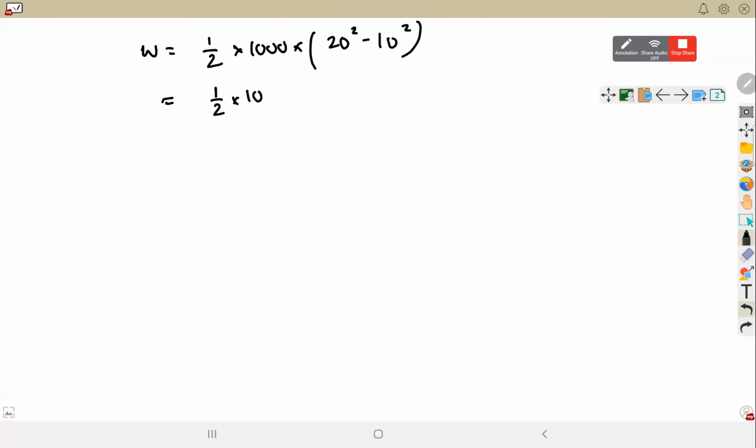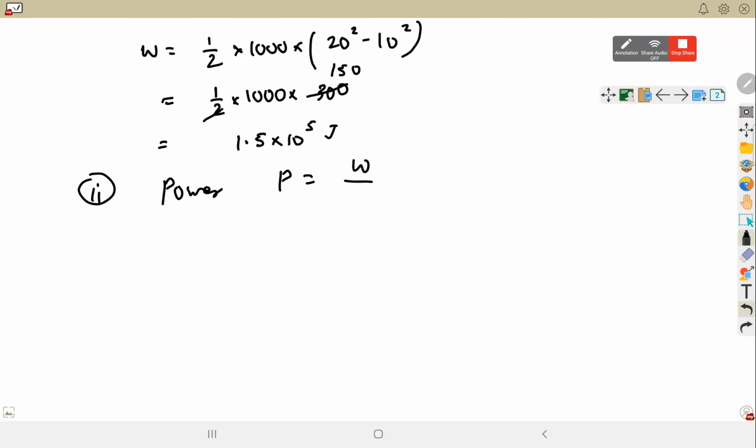So 1,50,000. If you write it in powers, it will be better. It will be 1.5 into 10 to the power 5 joule. Now we have to calculate power. Power is work done upon time. Time is given as 2 minutes.